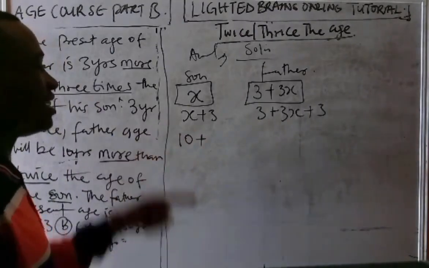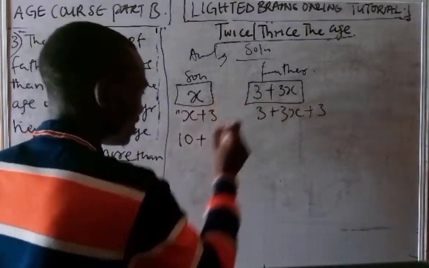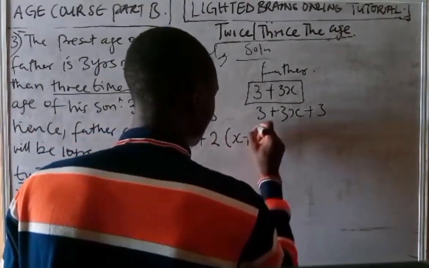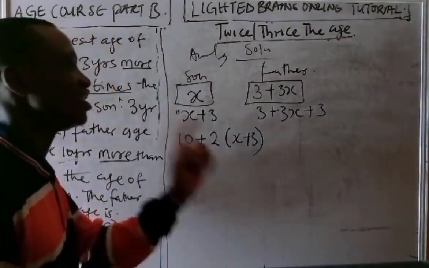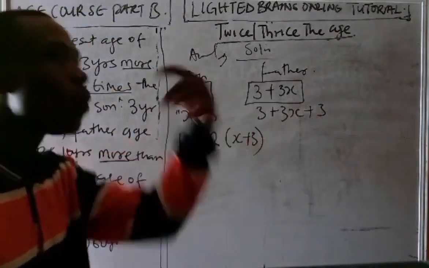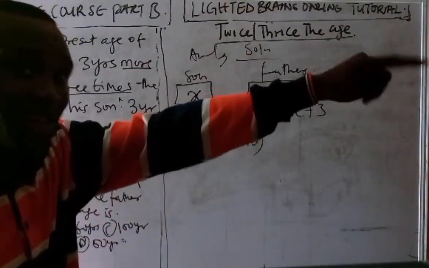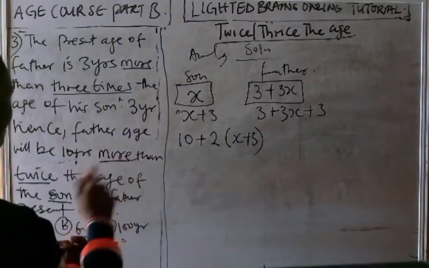At this point, the age of his son is x plus 3, so 2 into x plus 3. Anytime they say this one is twice or 3 times that one, just multiply that thing by the one I'm referring to.